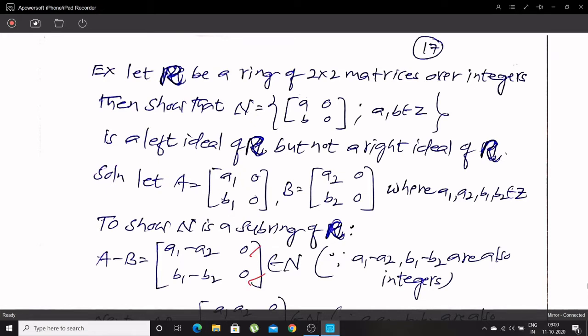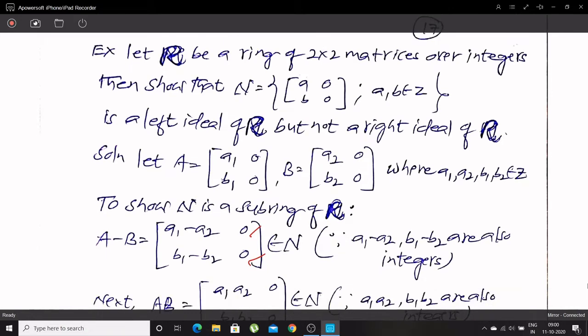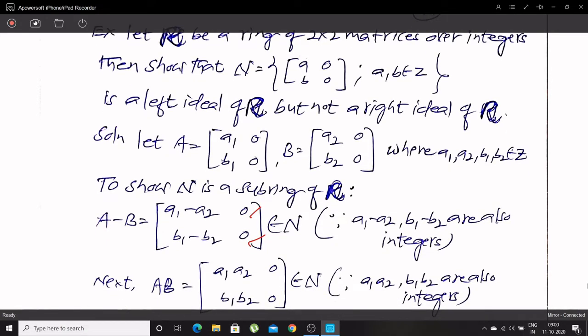Now, if A1 is an integer and A2 is an integer, definitely the difference of these two elements is an integer. B1 is an integer, B2 is an integer, the difference of these two elements is also an integer. That means it belongs to the set N. The first condition holds good.